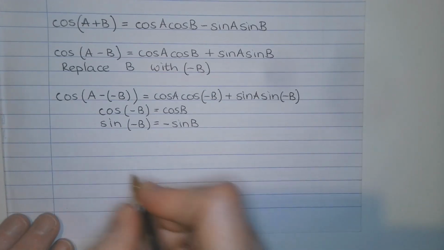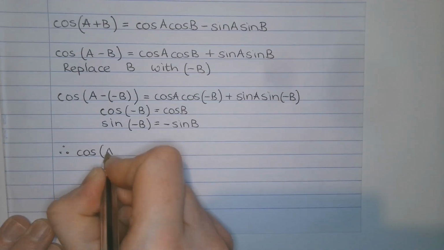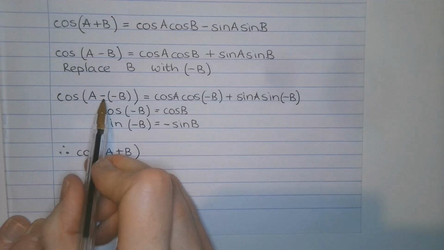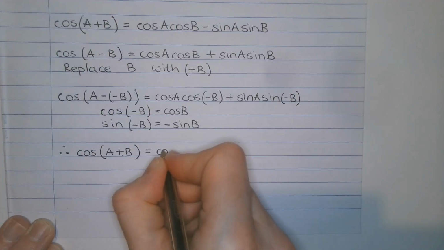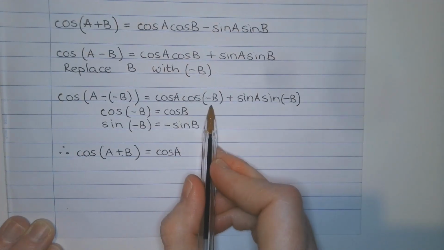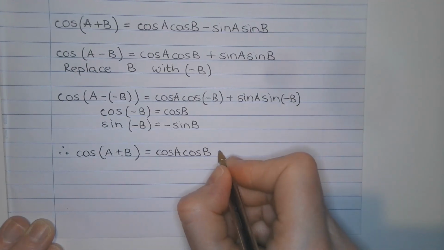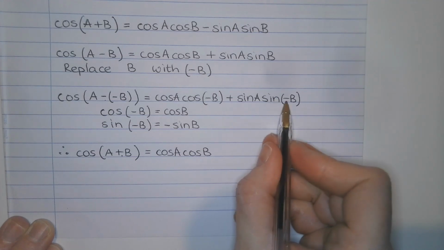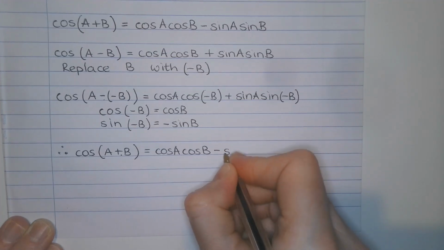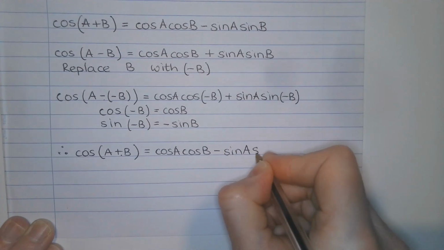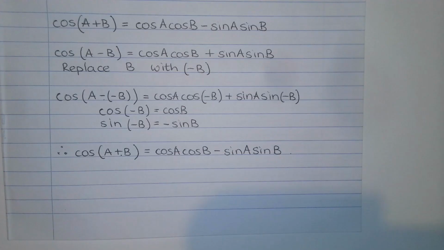So using that information, we can therefore say that the cos of A plus B, or double negative here making us a plus, is equal to cos A, cos of minus B can be written as cos of positive B. And here, because the sine of minus B is going to give me a minus sine B, it's going to change my sign in front. So minus sine A sine B. Therefore proving my identity.